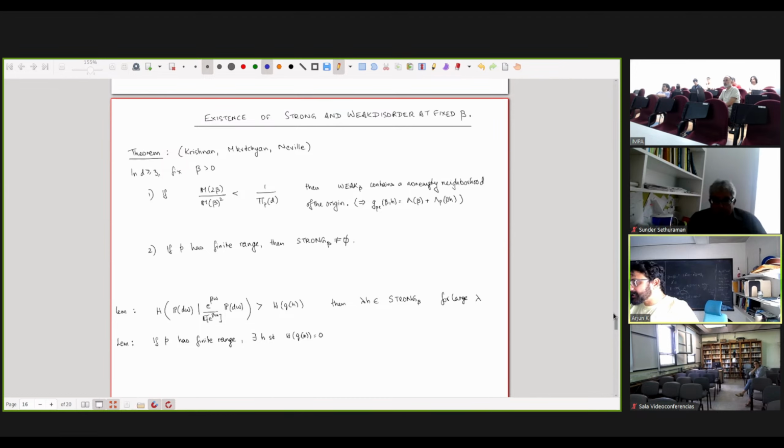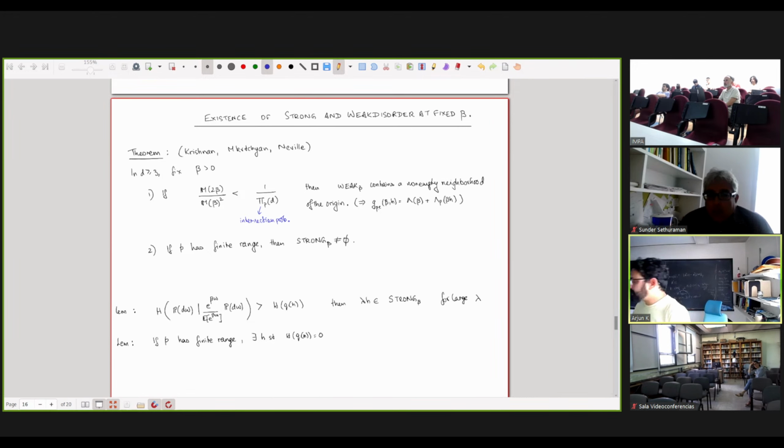If this previously defined condition holds for a fixed p, like this, remember this was the return or intersection probability of a pair of the random walks, then weak beta contains a non-empty neighborhood of the origin where we know explicitly what the point-to-line free energy is. It's equal to the sum of these two log moment generating functions. And we know that the Bolthausen martingale converges to something that's strictly positive.